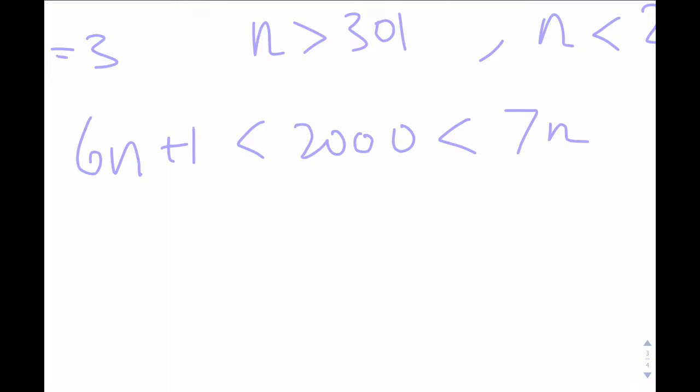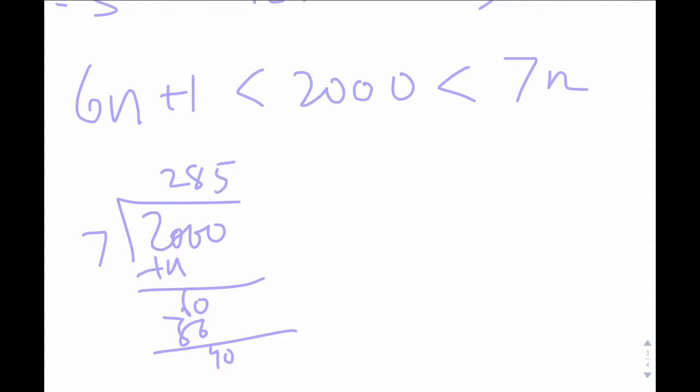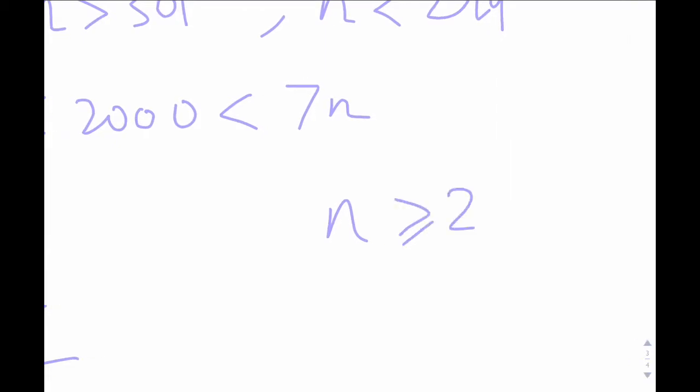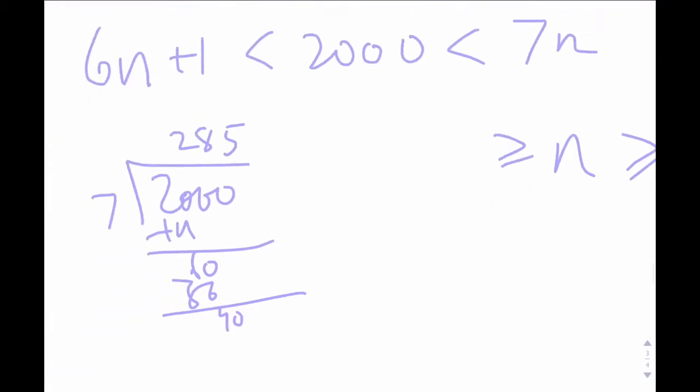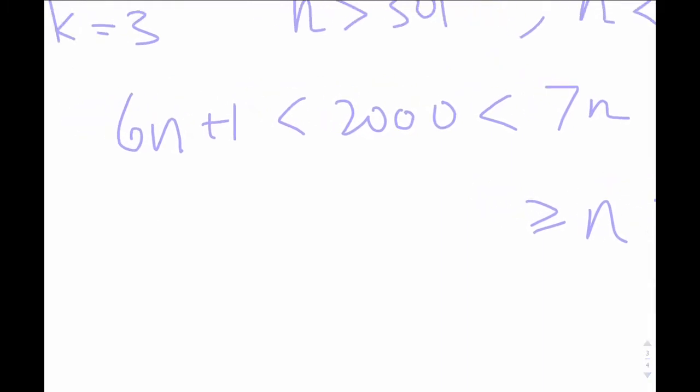Okay, so this division is a little trickier, but we can handle it. So we have 285, n is greater than that, so this is our lower bound again, so we want n greater than or equal to 286, and our upper bound will be a little bit less than 2000 divided by 6.